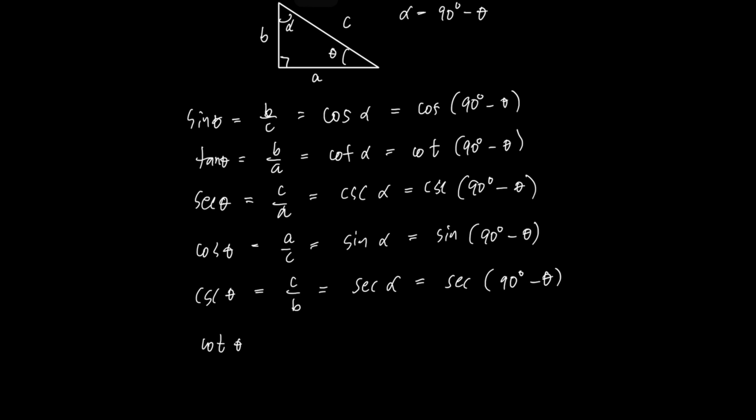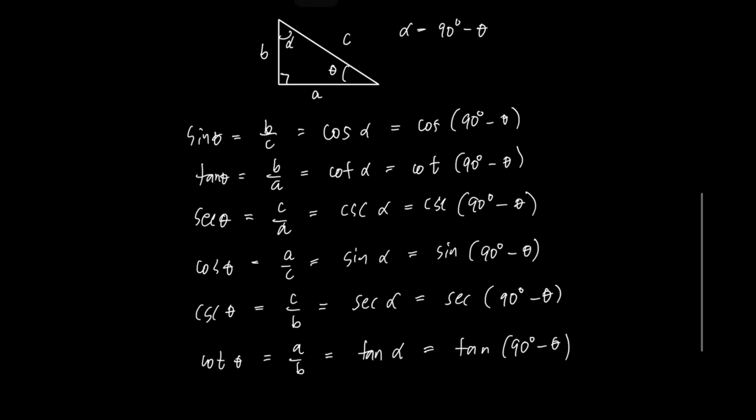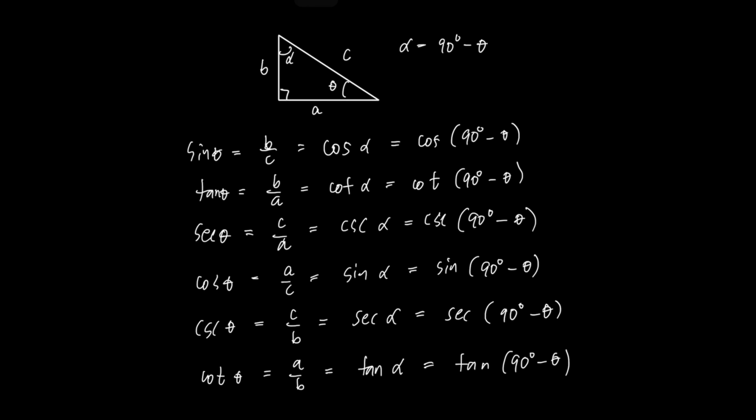And the last one, the cotangent theta, is A over B, which is the tangent alpha, also the tangent of 90 degrees minus theta. So it is very important to be familiar with the trigonometric functions and their cofunctions, especially when we are already solving equations involving trigonometric functions.